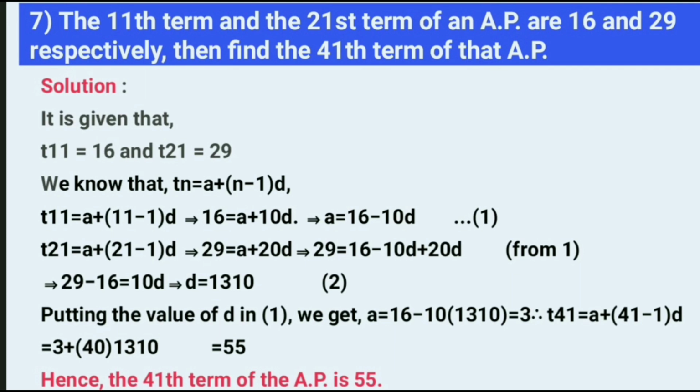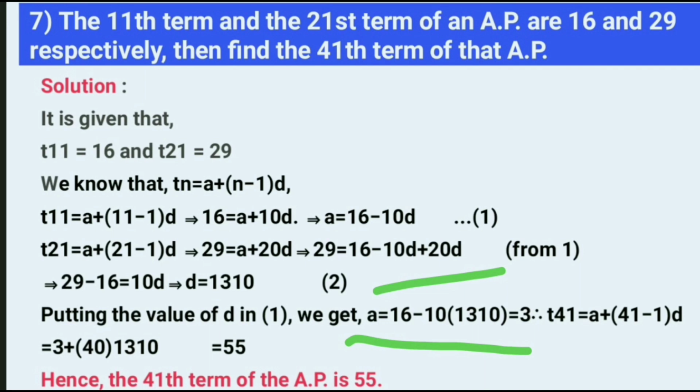Therefore 29 minus 16 is equal to 10D. So D is equal to 13/10. Now putting the value of D in equation 1, we get A is equal to 16 minus 10 into 13/10 is equal to 3.